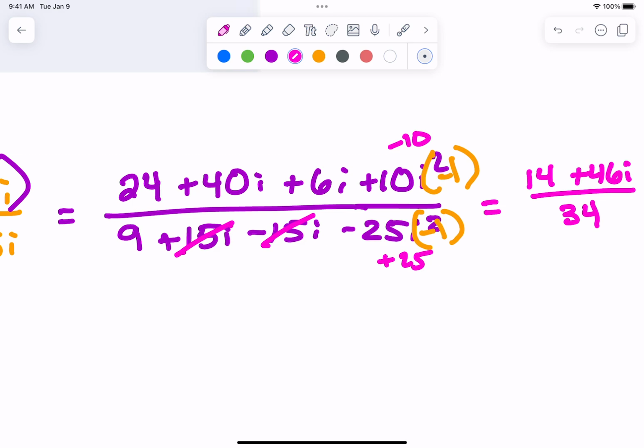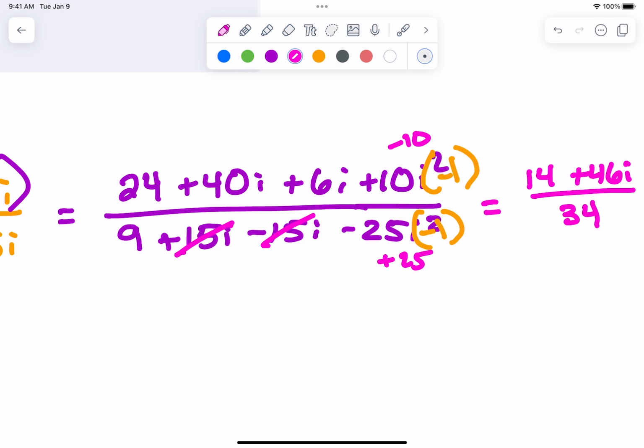But that's not the right answer. Can we divide? This is just i times 3i, which is 3i squared. So negative 6. I can split it up. So then it's 24 plus.